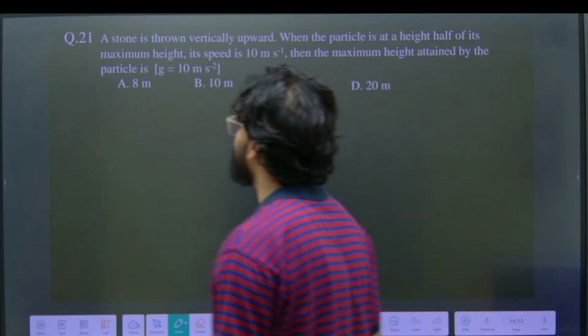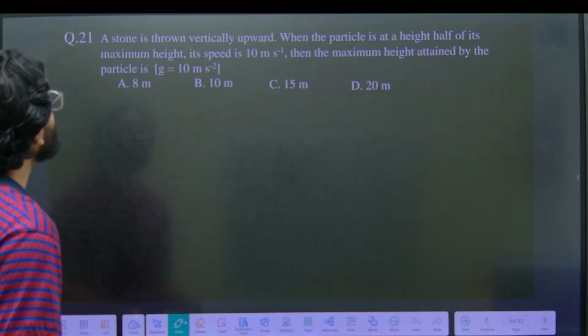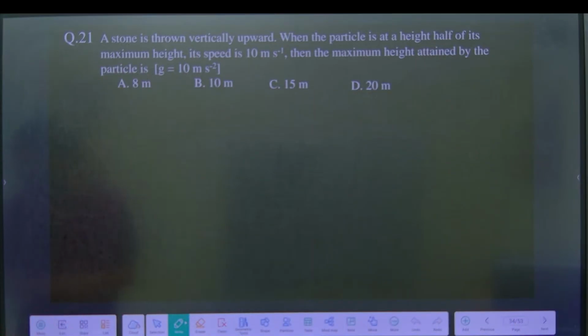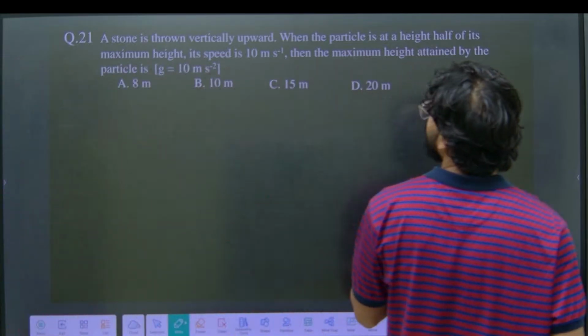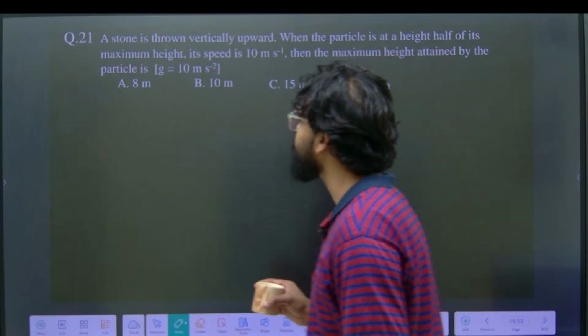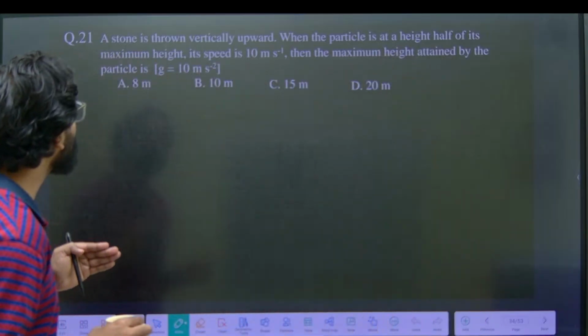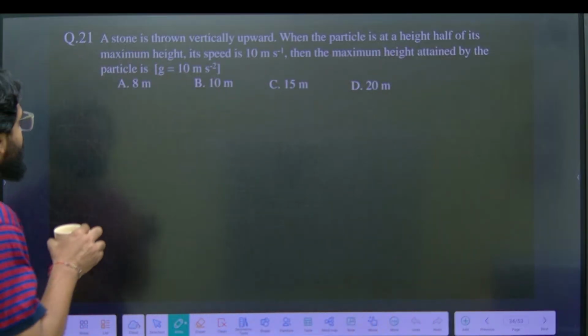Question number 21. A stone is thrown vertically upwards. When the particle is at a height half of its maximum height, its speed is 10. Find the maximum height attained by the particle.